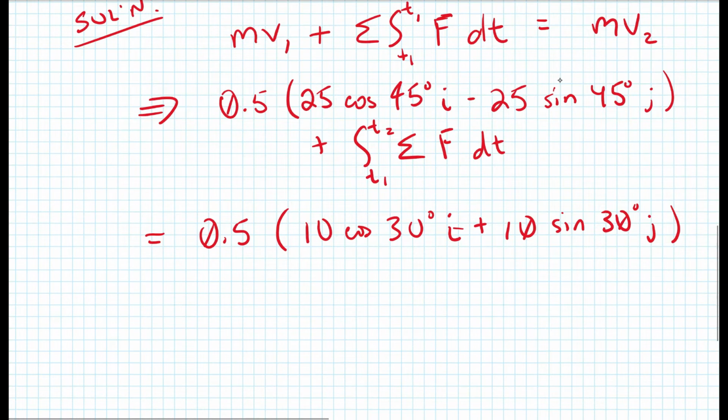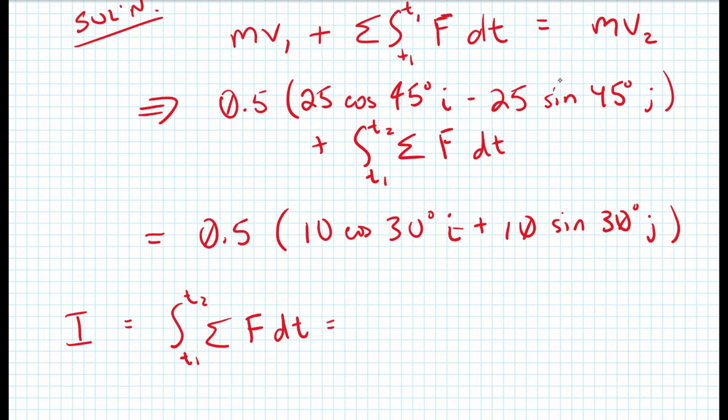Looking at it, the impulse vector, capital I, the integral from t1 to t2 of F with respect to t, is going to be 4.509 i plus 11.34 j.